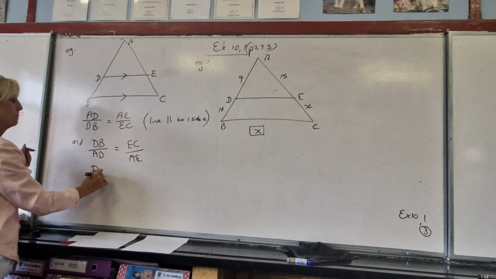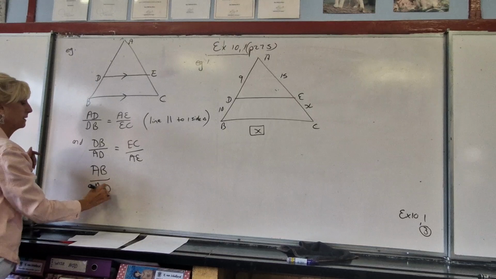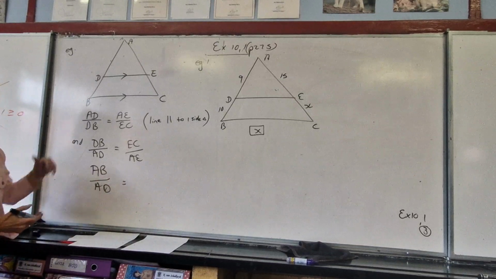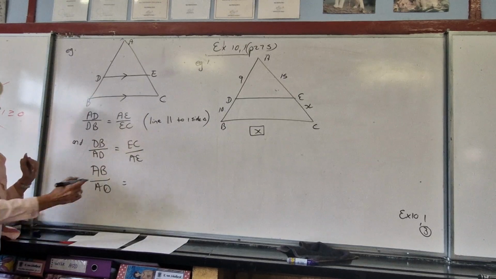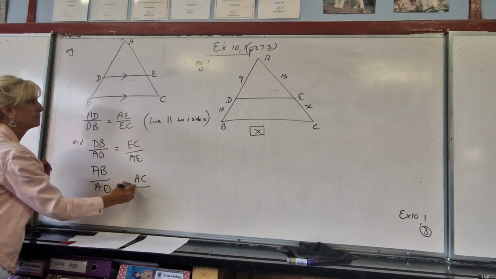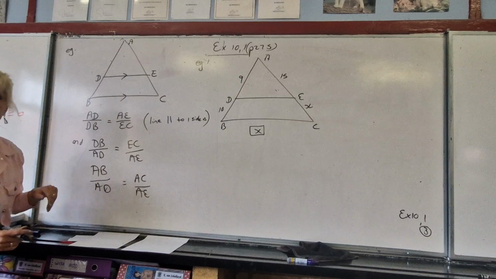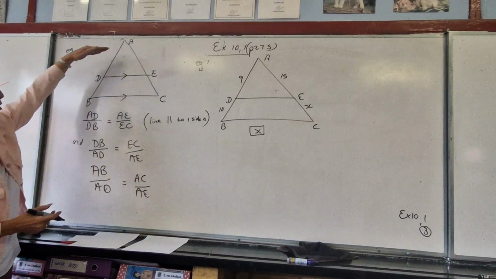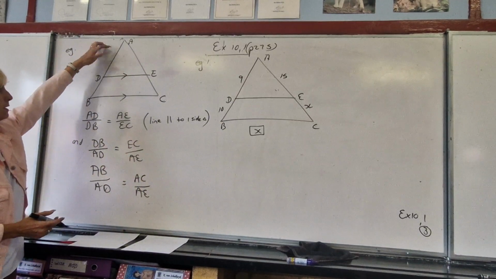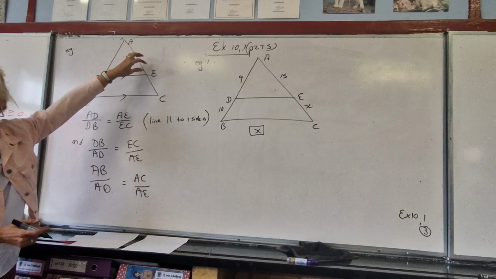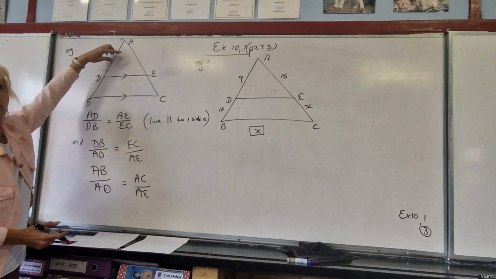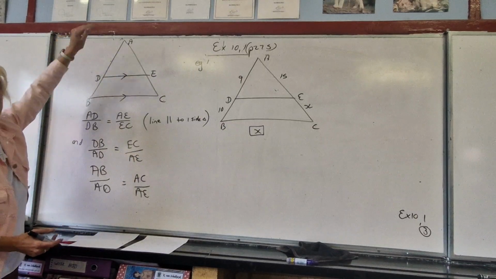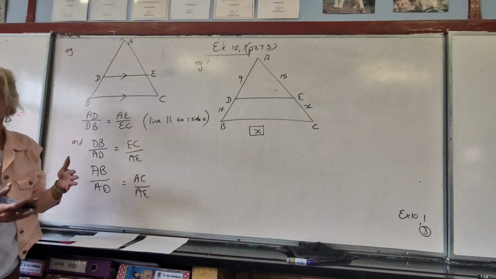Or AB over AD, AB over AD, AC over AE. And I like to talk about the whole thing over the top one. It could be the bottom one over the top, bottom over the top. The bottom over the whole thing, the bottom over the whole. Are you following here? It's just the same.